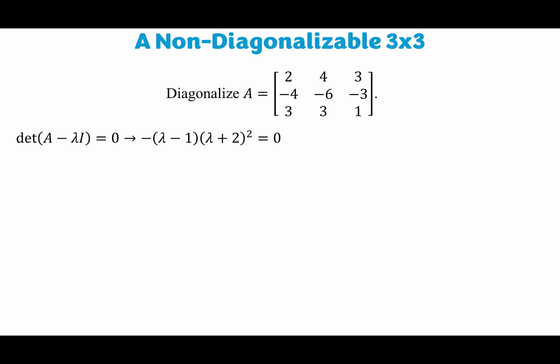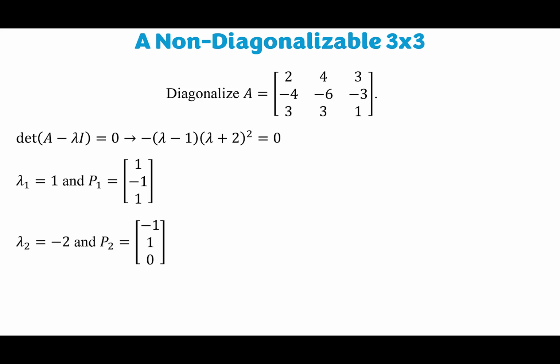So first, for the eigenvalue of 1, the eigenvector corresponding to it would be 1, negative 1, 1, or really any scalar multiple of that. Now we're hoping that the eigenspace corresponding to the eigenvalue of negative 2 is two-dimensional, but it's actually not.